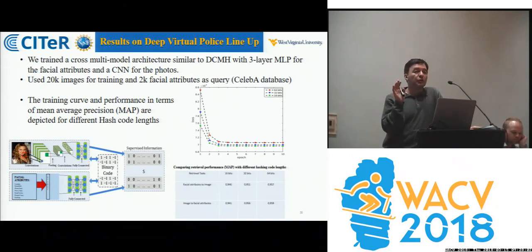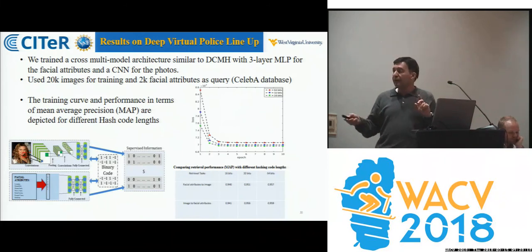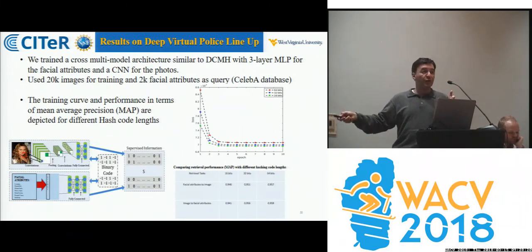Right. So what happened is, as you said, depending on the database, yes, if you binarize the attributes, obviously you lose information. That's one of the problems. So going back to the convolutional network and MLP, the error or distortion caused by the binarization, I try to learn it by the network.